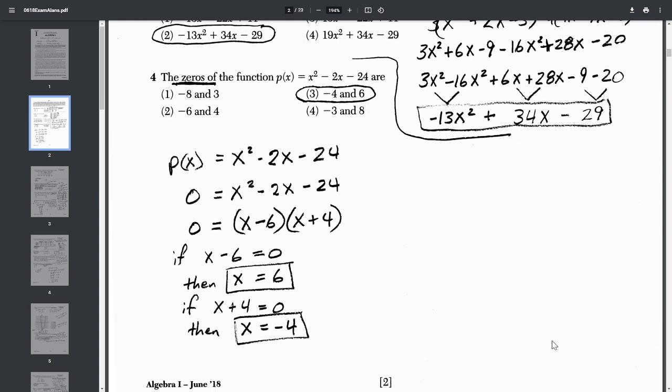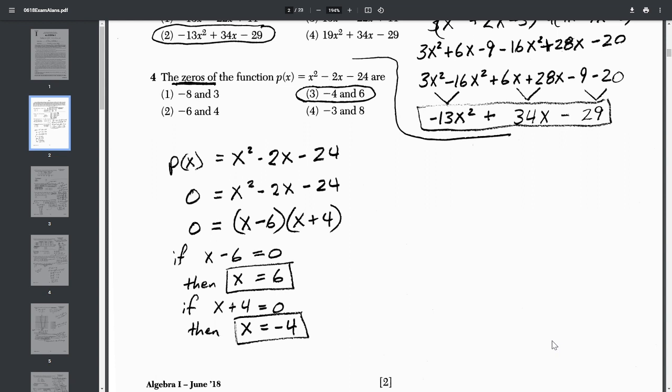Number 4, to find the zeros of this function, there's a few ways you could do it. You can see here what Steve did is he set the equation equal to 0, and then he used factoring. He found two numbers that multiplied to negative 24 and added up to negative 2, which were negative 6 and positive 4.